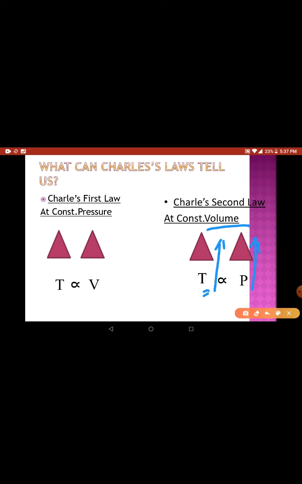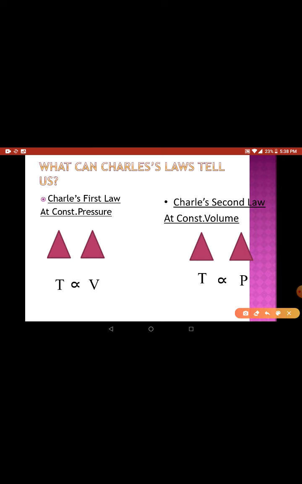The property of this pressure can be used as a thermometric property to devise a thermometer. Based on this idea, they devised one more thermometer called gas thermometers.